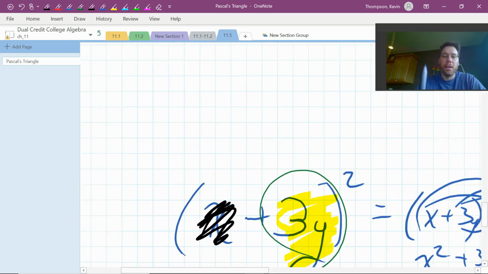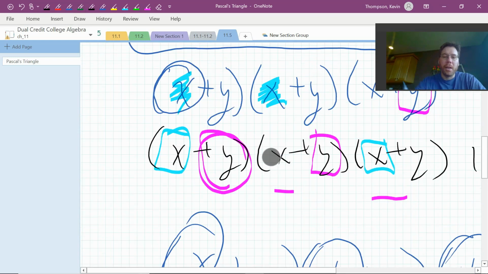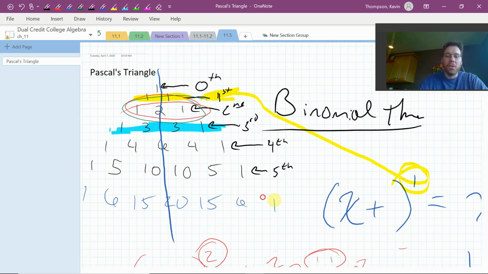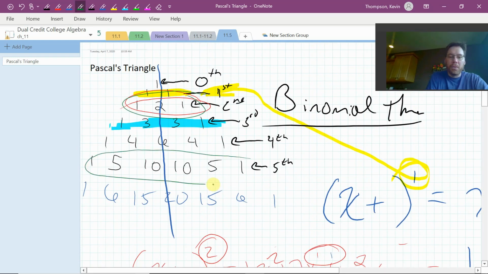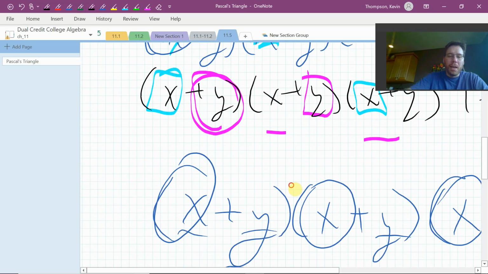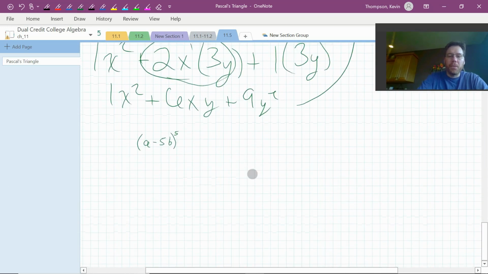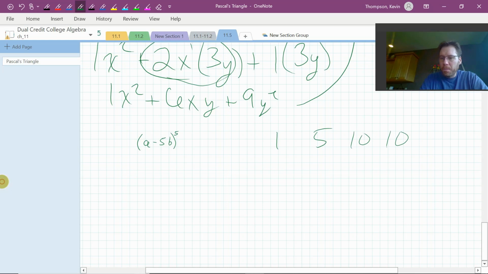So I'll go back here, and we're going to talk about how we don't have to write these all out here soon, but the fifth row is 1, 5, 10, 10, 5, 1. I don't think I'm going to do all of this, but I just want to give a taste for it. So the fifth row, 1, 5, 10, 10, 5, 1.